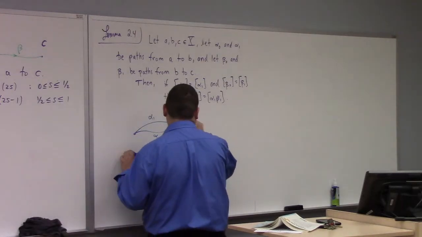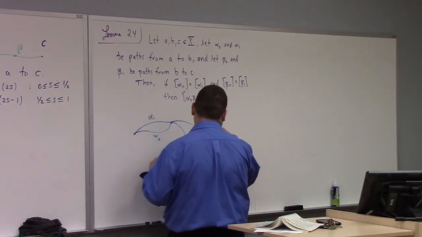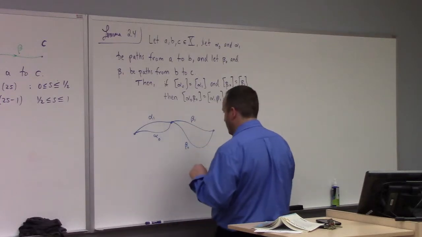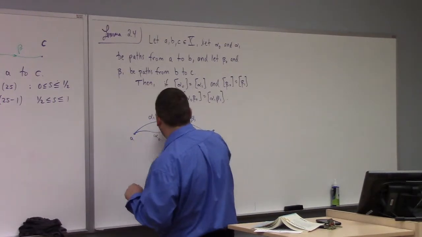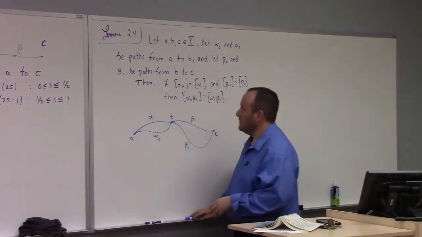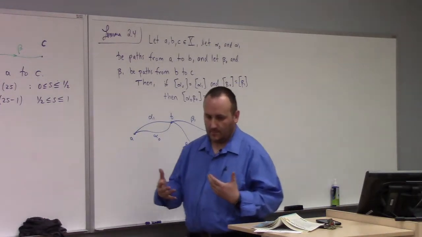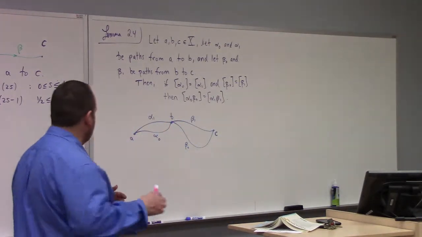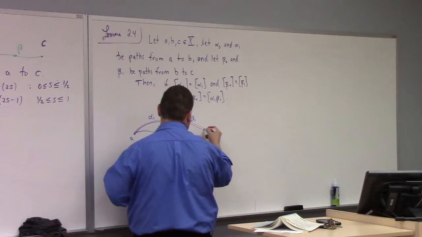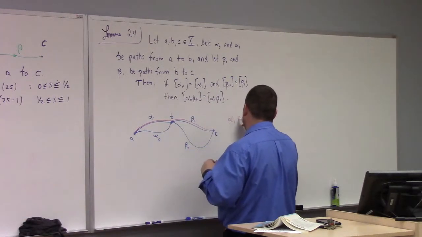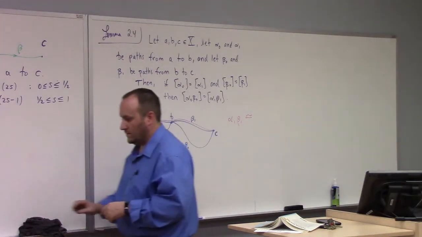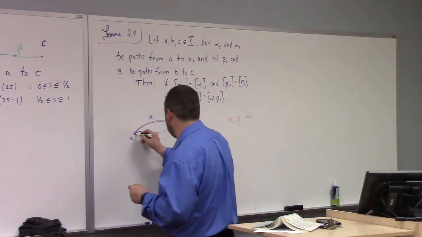And then you have beta 1, beta 0. Here's your A, your B, your C. Then it's saying, if you look at the path alpha 1, beta 1, which would be like this one, that is homotopic to the join of these two guys, right?